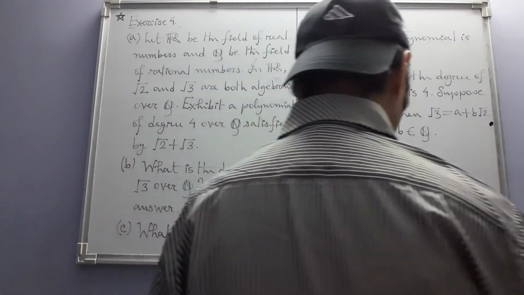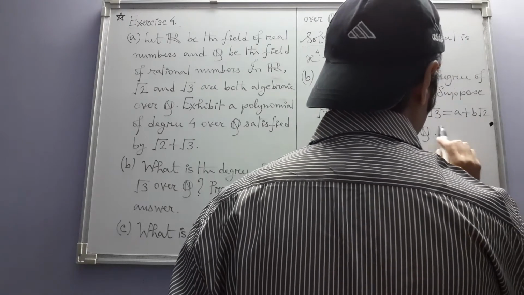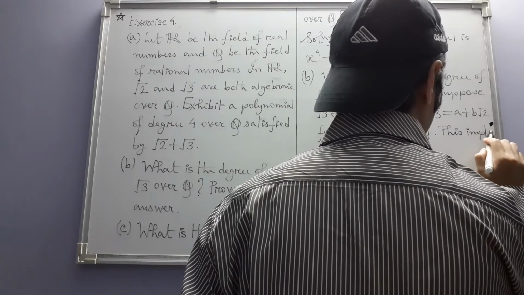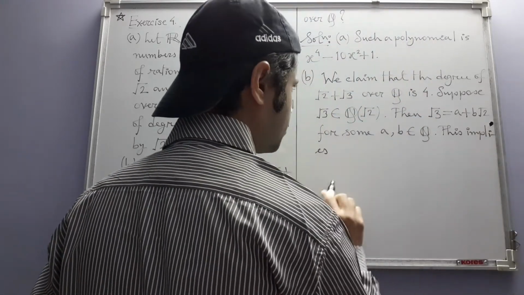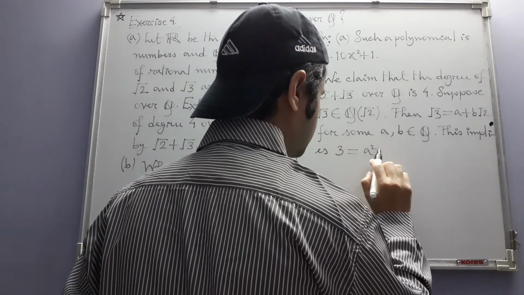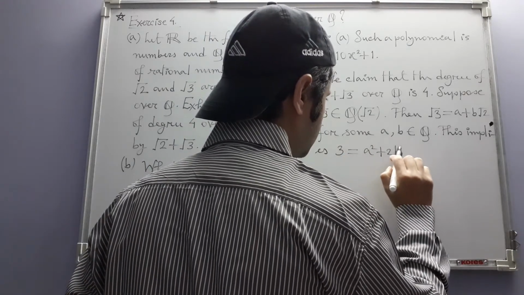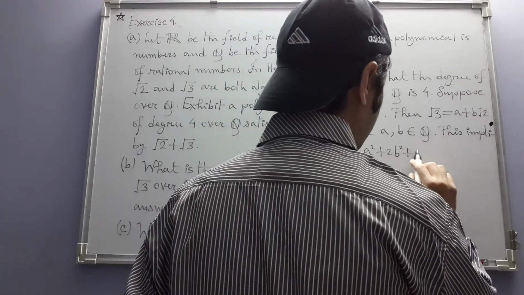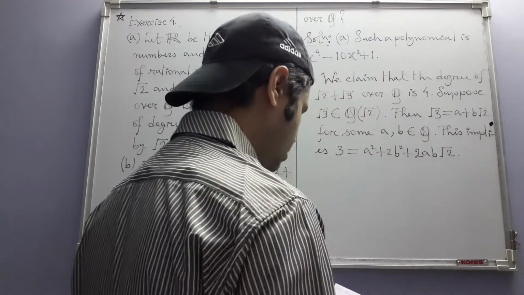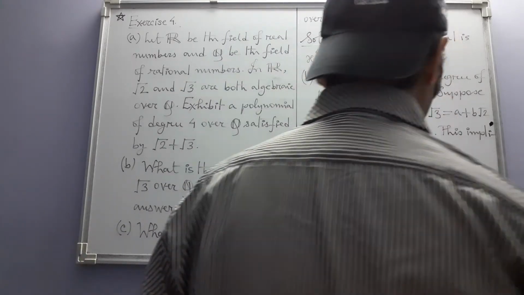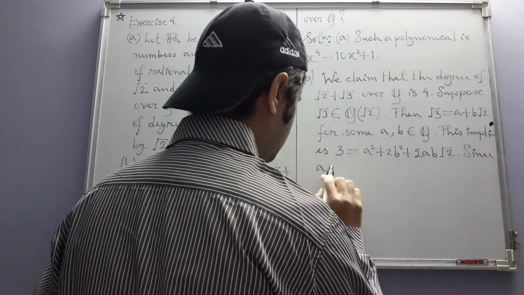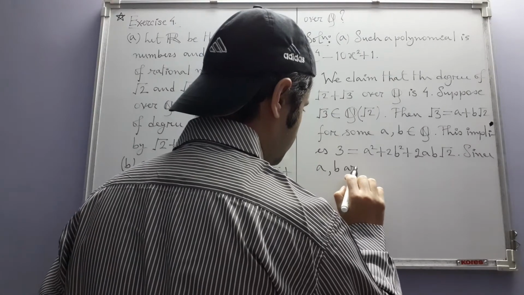Then we took squares on both sides, so this implies 3 is equal to a square plus 2b square plus 2ab times square root of 2, since a and b are both non-zero.